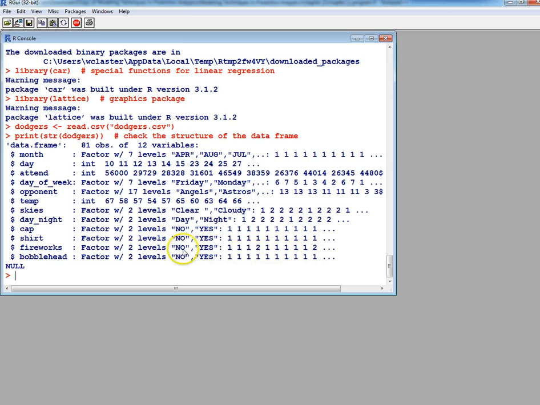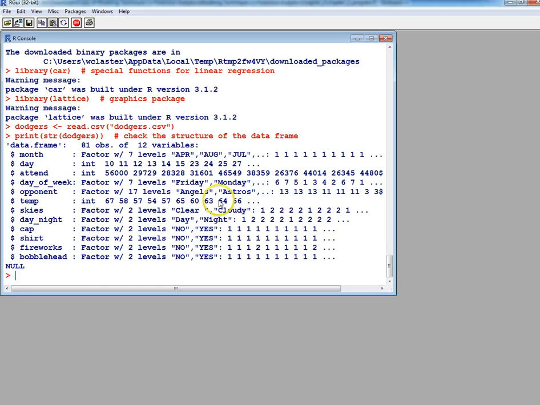The actual values were no and yes. Just trying to make this printout a little bit clearer, so we understand what they're talking about here. And these are the integers, the actual temperatures. Any questions about this? So that's the structure of our data frame.